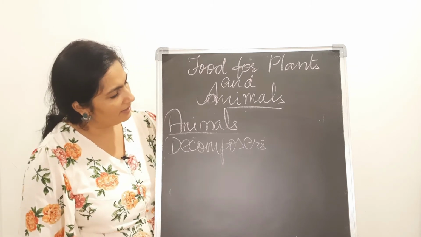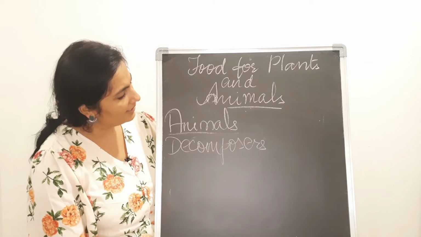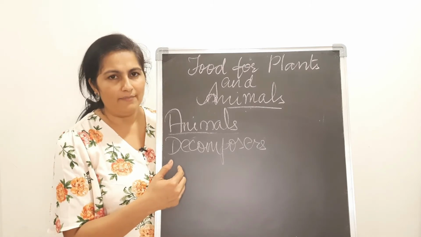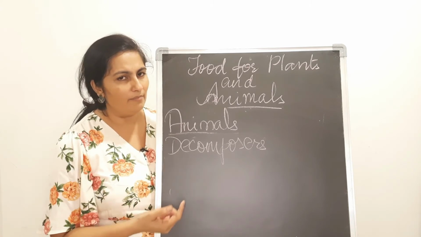All right. So we learned these are the various kinds of animal consumers. They are consuming the plant life.